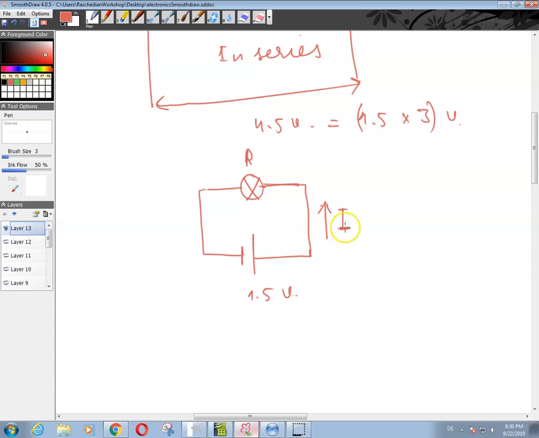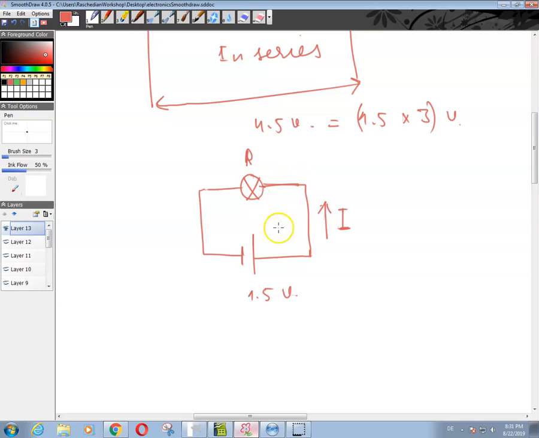Now, this current depends on the resistance and the voltage that you apply to the circuit. You have no direct control over the current going through the circuit unless you had some way to control it. And using a battery and some load, there is no way to do that.